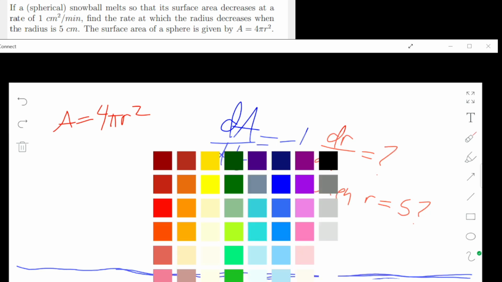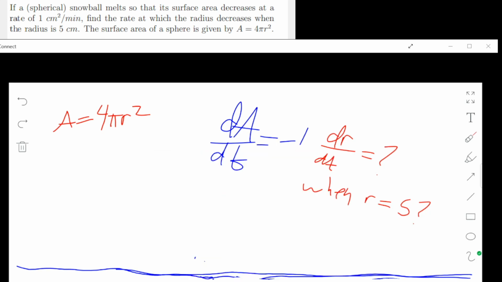So let's begin by finding the derivative. The derivative here would be dA/dt equals 4 pi is a constant, so we really only have to find the derivative of r squared. That would be 2r dr/dt, so times 4 pi. That would be 8 pi r dr/dt.